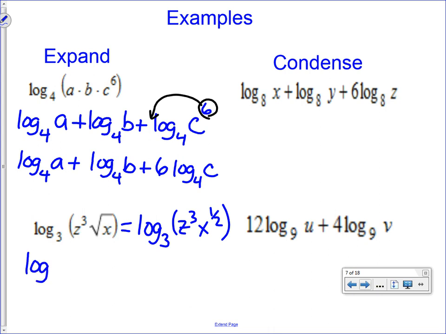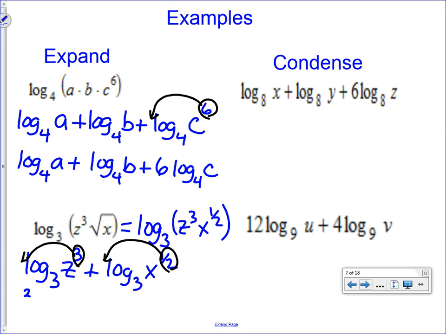Because we're multiplying, it's going to expand into addition: log base 3 of z cubed plus log base 3 of x to the 1/2. And then we can move our exponents down in front. And we get 3 times log base 3 of z plus 1/2 times log base 3 of x.